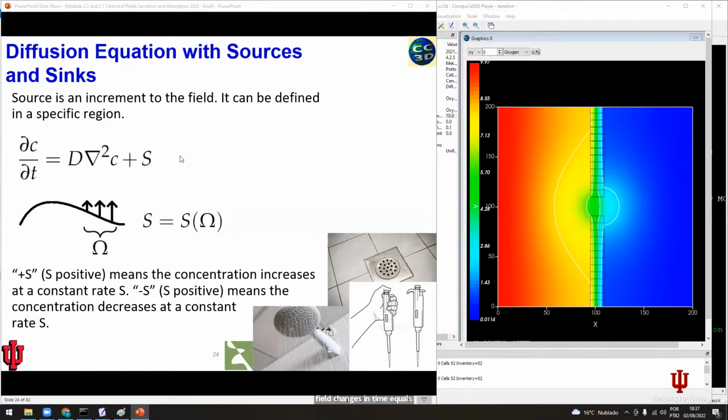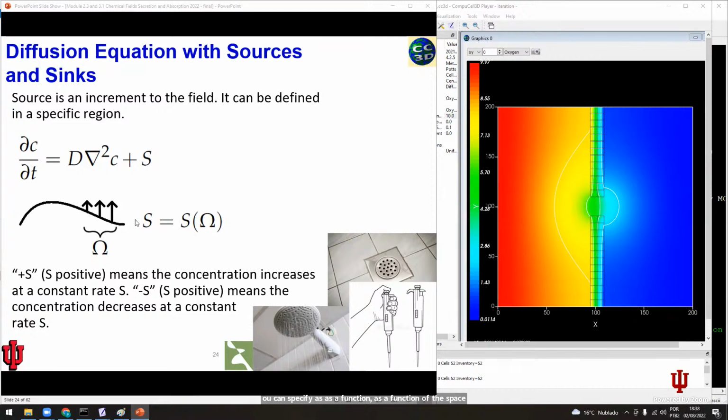So this is very, very simple. If s equals 1, the field grows by 1 each Monte Carlo step. That's it. The thing is, you can specify s as a function of space.